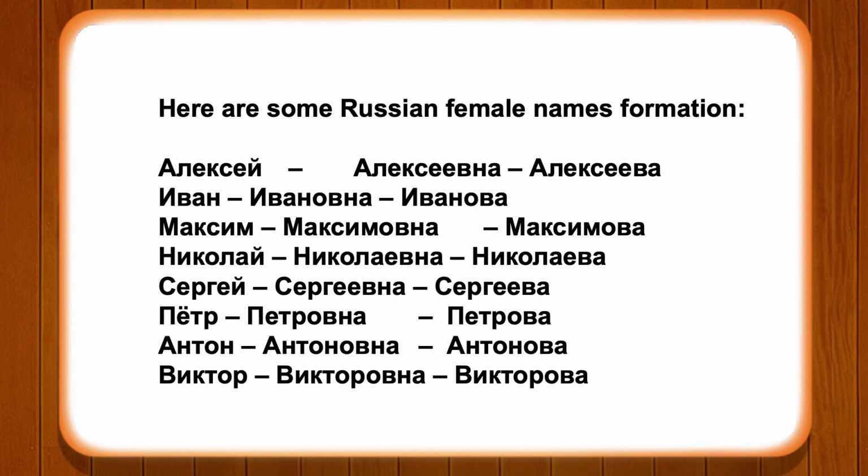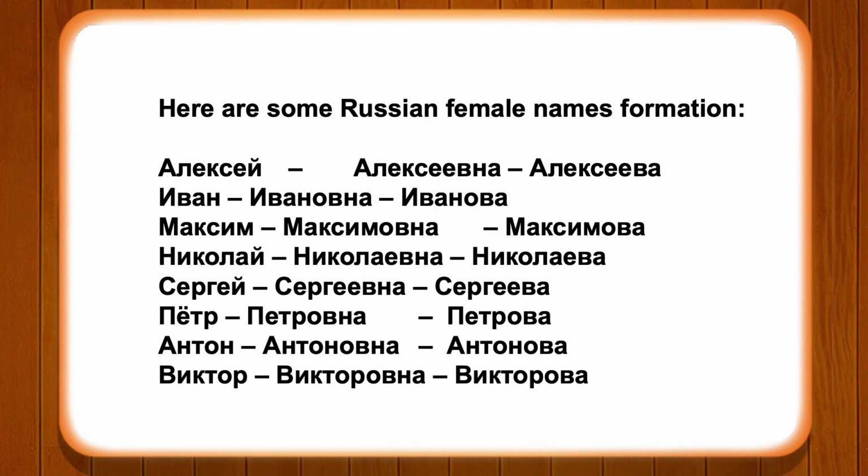And if it is a family name, familia, that is the last name, it would be Alexeyeva. From the name Ivan, a lady's or a girl's otchestvo will be Ivanovna, and her family name, or the familia, will be Ivanova.